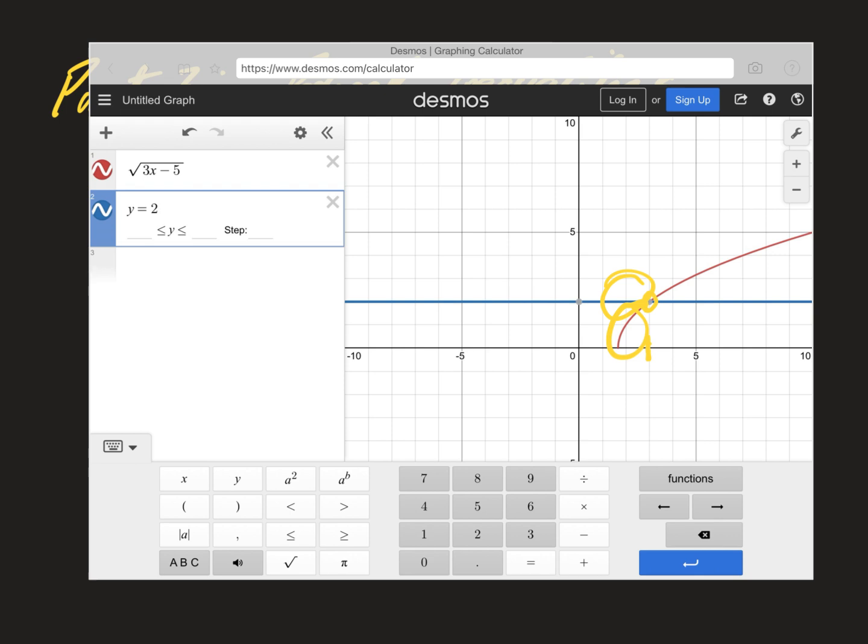Now, there's one other issue, and oh, I messed this one up. I clicked on it and blew it out. But the main thing at this point is the 3x minus 5, we need to remember the domain of that particular equation. And so the 3x minus 5 always has to be greater than or equal to 0.